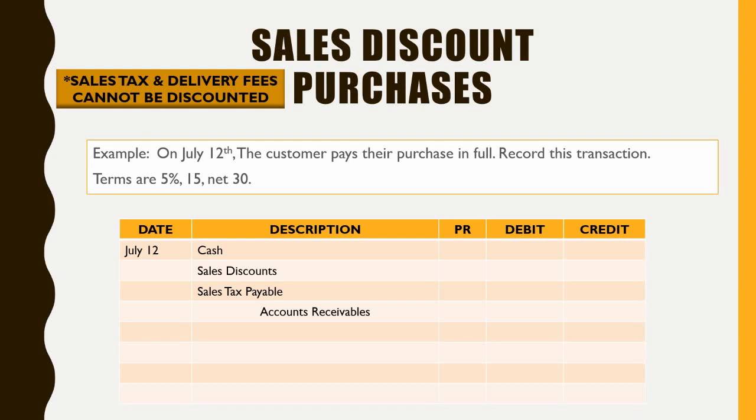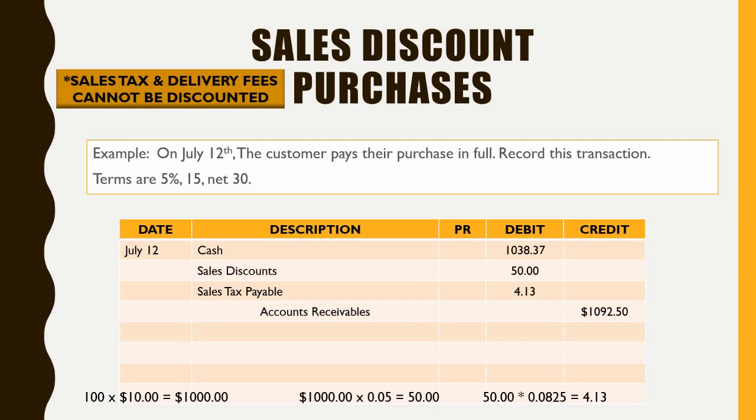So you did solve it earlier. Yep, I got it. 1,038.38. Actually 1,038.37, because we're rounding that down. Because the tax is supposed to be $4.13, not 12 cents. So that's why you have that one penny up.